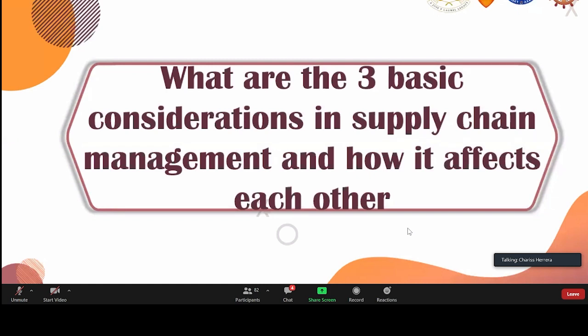What are the three basic considerations in supply chain management and how do they affect each other? Everyone, you can type your answers in our chat box or you can unmute yourself if you want.